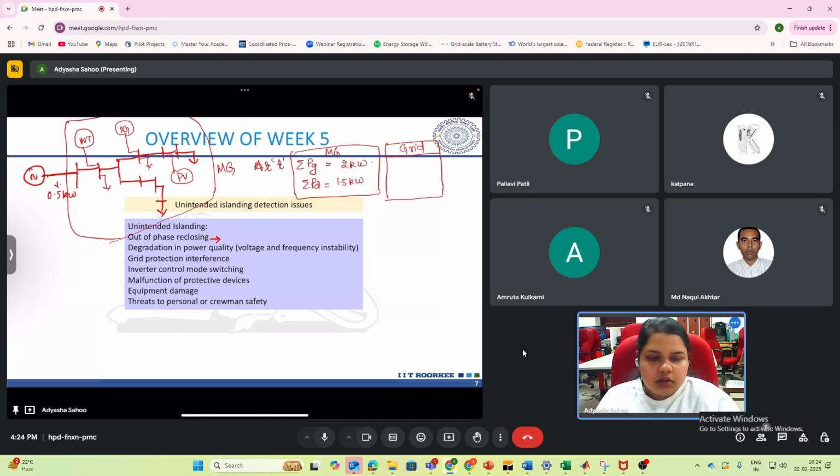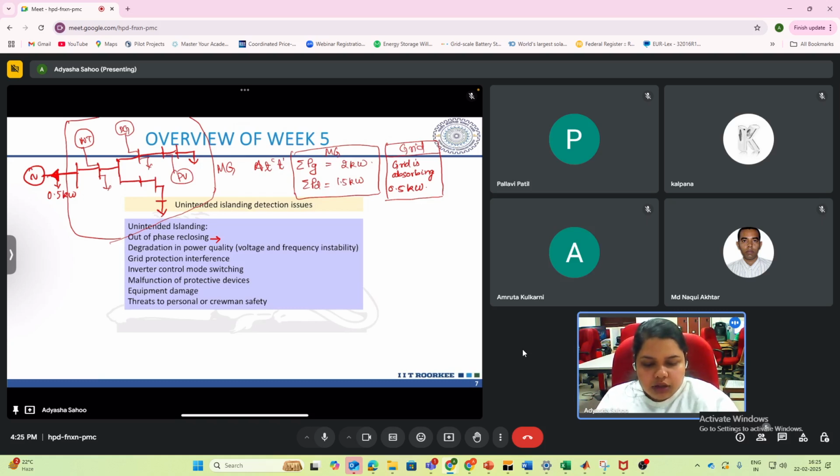Whether it is injecting into the grid or absorbing from the grid: the grid will absorb the excess power, since you have over generation in the microgrid. So the microgrid is injecting 0.5 kilowatt, and that ensures the power balance within the microgrid.